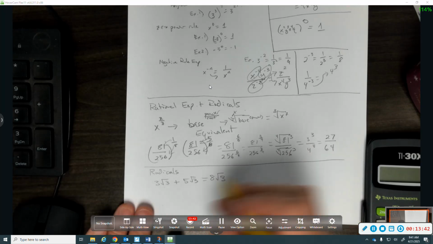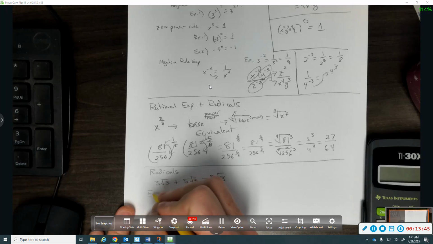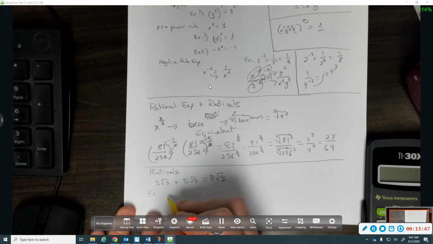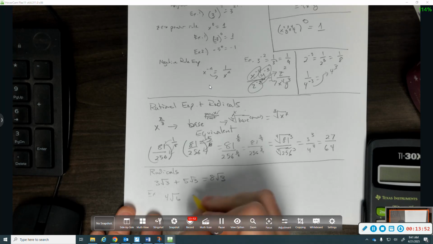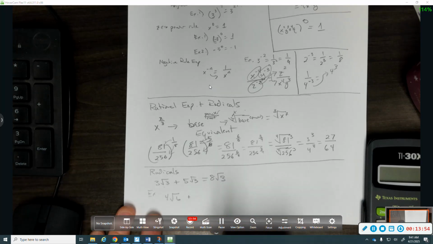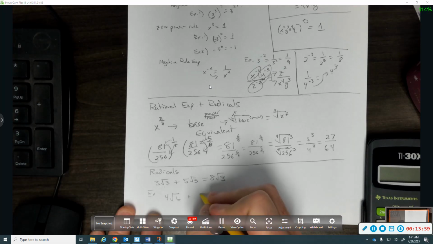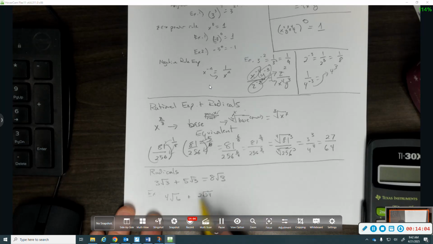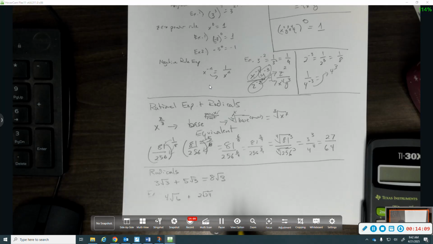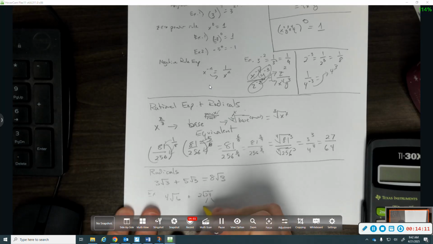So, for instance, an example that would look like that would be, let's say I have 4 square roots of 6 plus, I don't know, we'll say 2 square roots of 24. Well, notice that these aren't the same bases, so I cannot add the 4 and the 2, which are like coefficients. But if I factor this and I pull out a perfect square, I know 4 times 6 is 24, but I keep my radical symbol there.